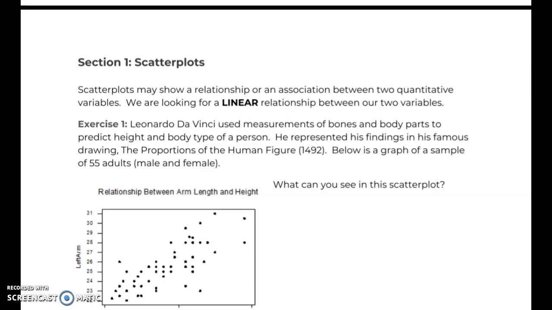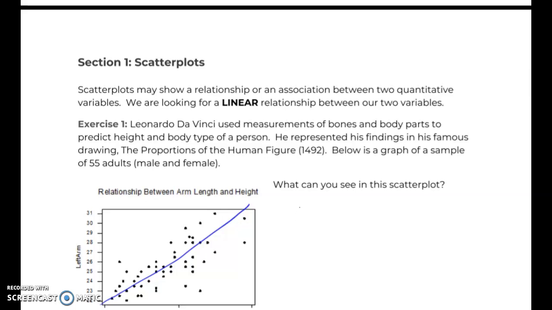Like if my height increases, so does my left arm length on average, right? So we have kind of this positive trend. If we were to put a trend line through our data, it would look something like that. And this should be a straight line over here.